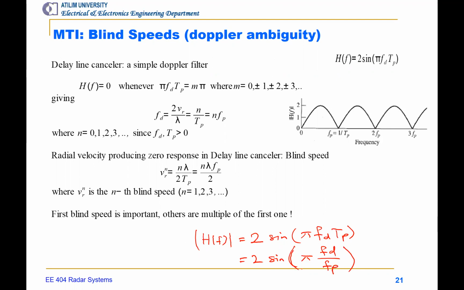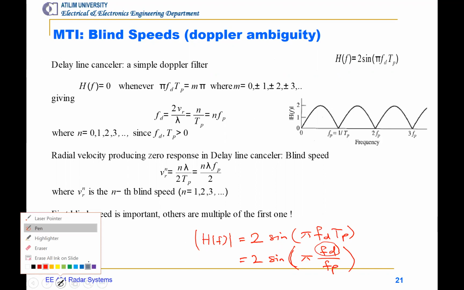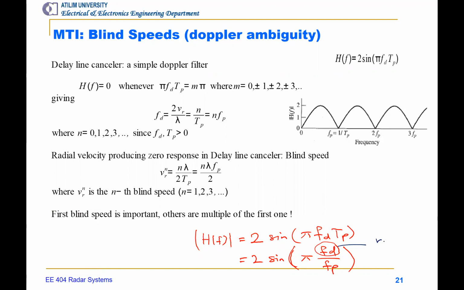As we said earlier, whenever the Doppler shift becomes a multiple of fp, then the transfer function becomes 0, which means that the delay line canceller creates 0 response, and this is equivalent to the case where there is no moving object.